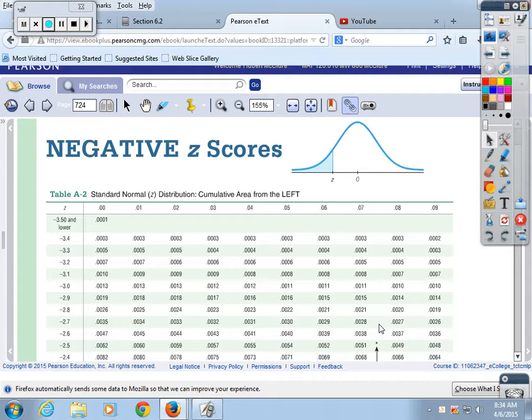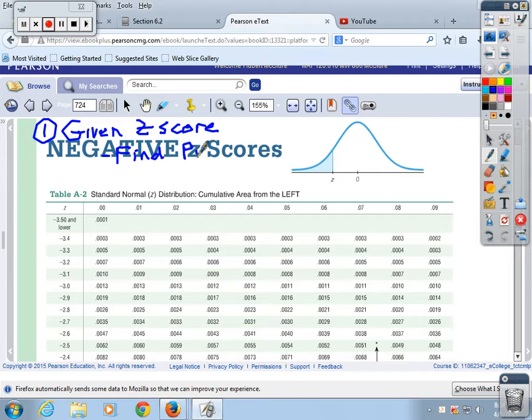Now, in 6.2, you're going to be given 2 types of problems. One, you're going to be given a z-score, and you find probability.